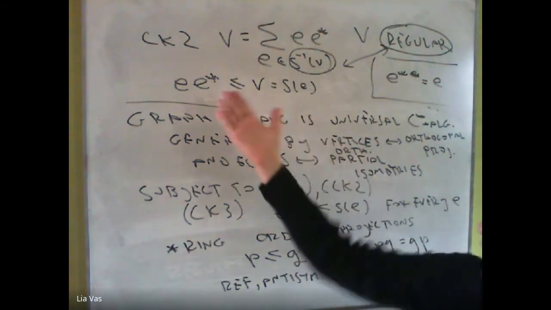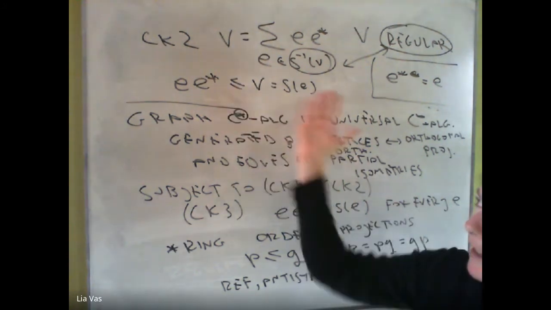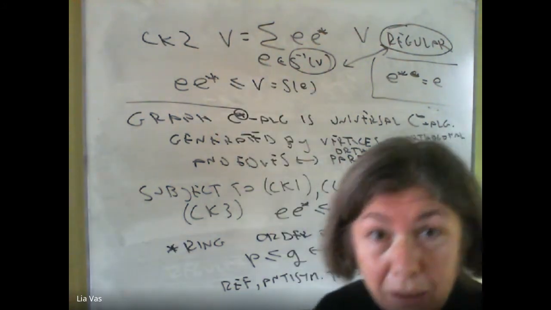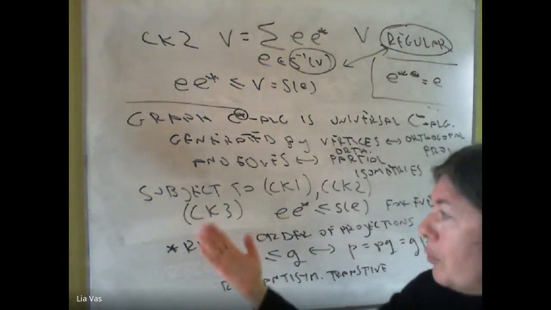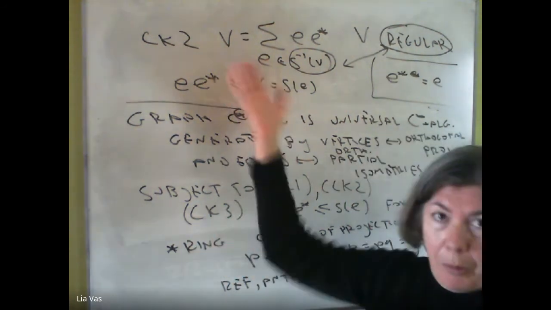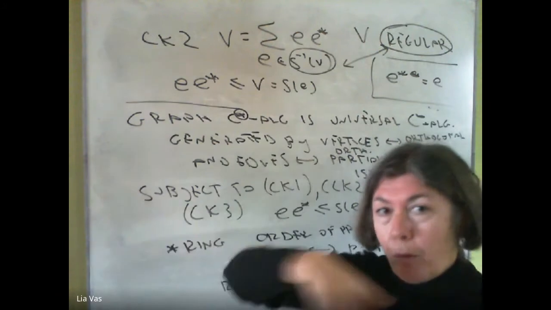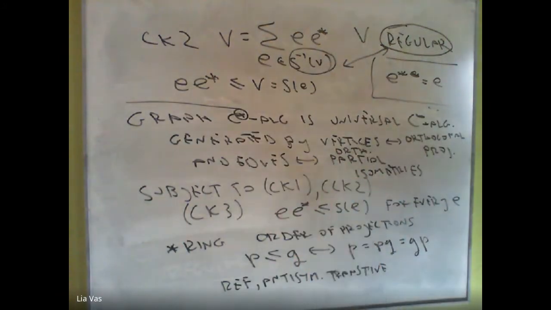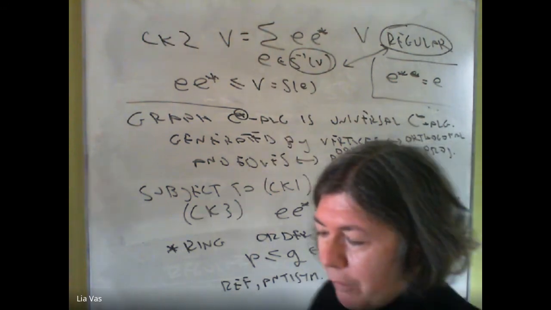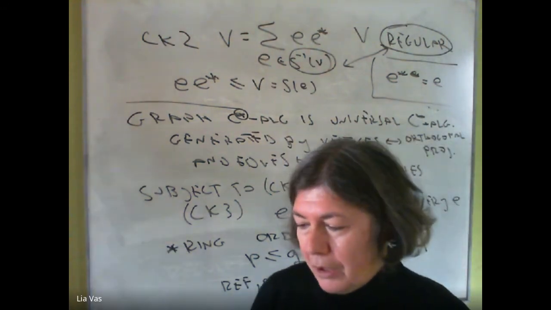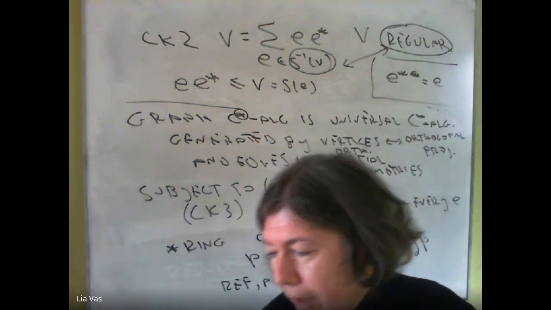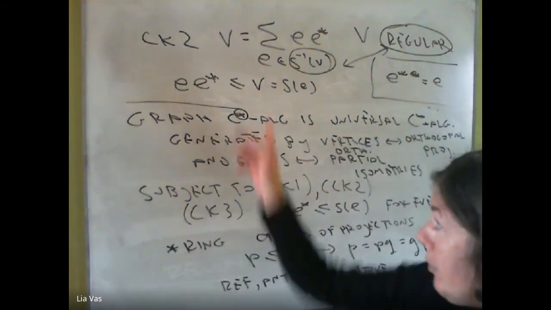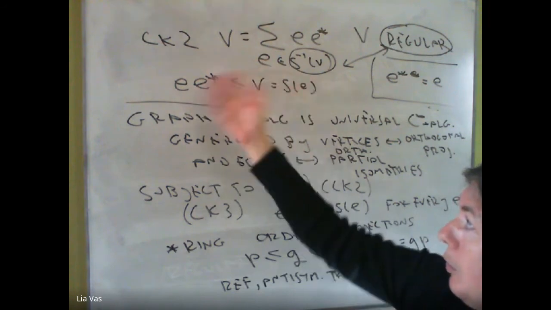So you see, if you convince yourself of that, then you will believe that you don't need to require CK3 for Leavitt path algebra, because it will follow from other stuff, right? But here, in C-star algebra world, somehow we have to require it additionally. In my notes, I have 2 exercises for you. Show that pretty much what I also told you about here, right?